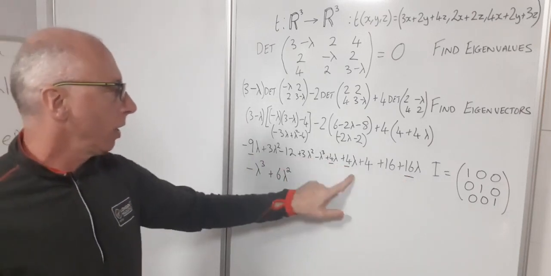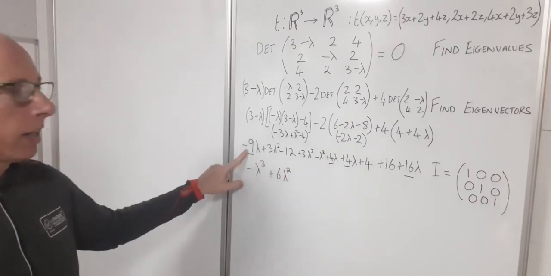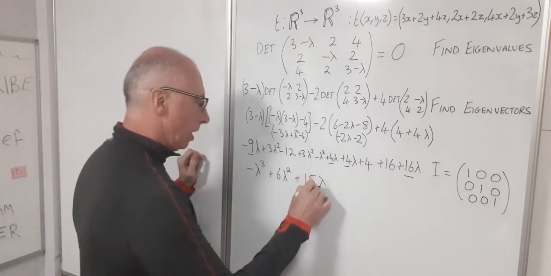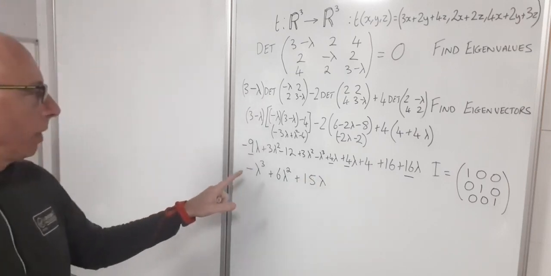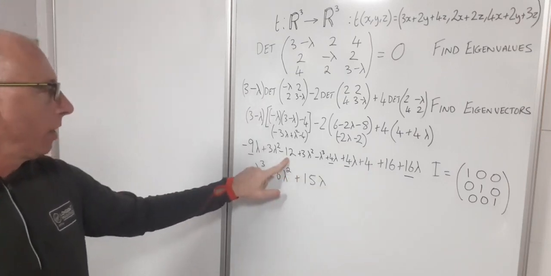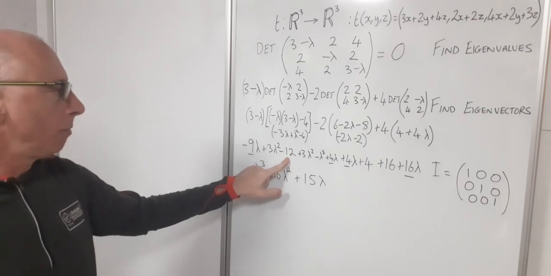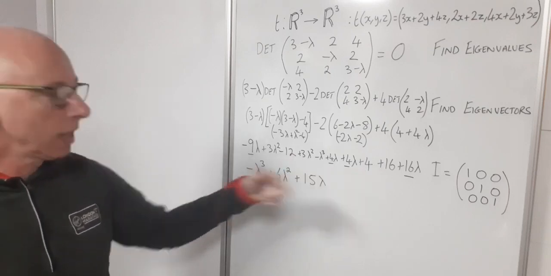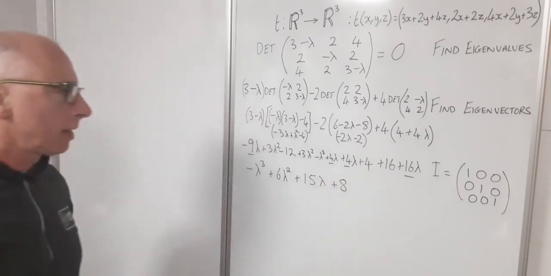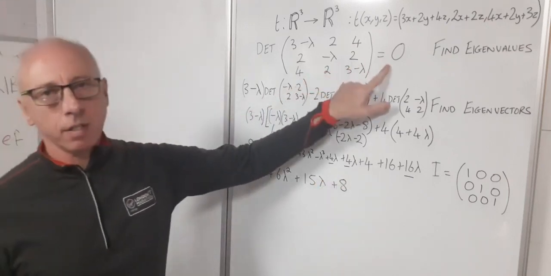So 16, 20, 24, minus 9, plus 15. So plus 15 lambda, and then the constant of which there should be a couple. 16 minus 12, that gives me plus 4, and plus 4 gives me 8. So there's 3 altogether, in fact. So plus 8. And then remember, we set this to 0.